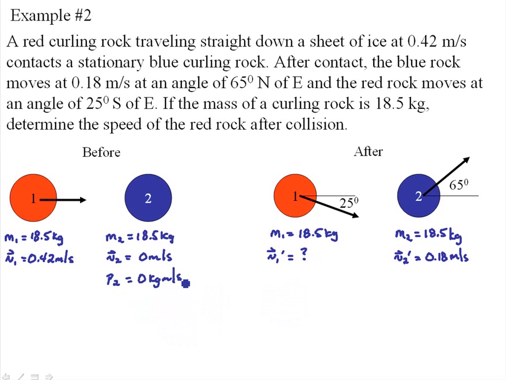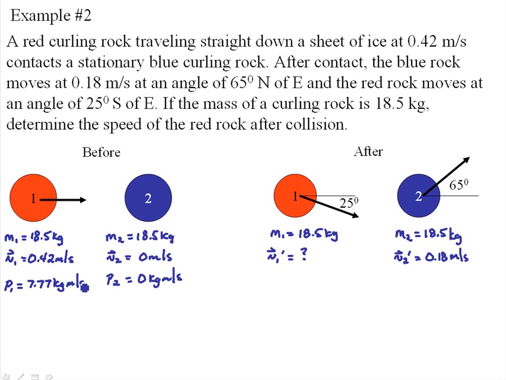So our total momentum before will only be in X, and it'll be to the right in this case. Well, let's multiply the 18.5 times 0.42 to give us 7.77. Momentum of object 1, 7.77 kilogram meters per second.